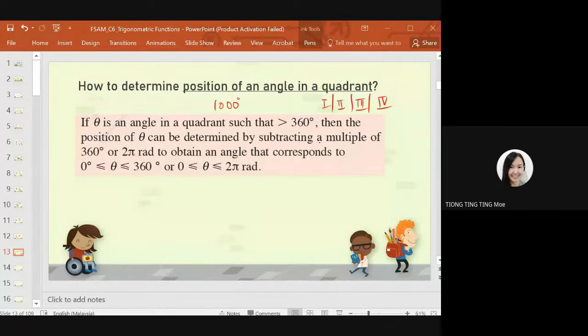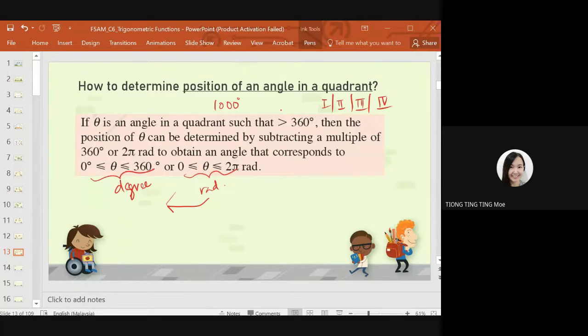We have to determine. There are two types of value: one is in degree, another type is in radian. For questions in radian, I am the lazy type of teacher, so I will change radian to degree first, and then I turn it around to find which quadrant.